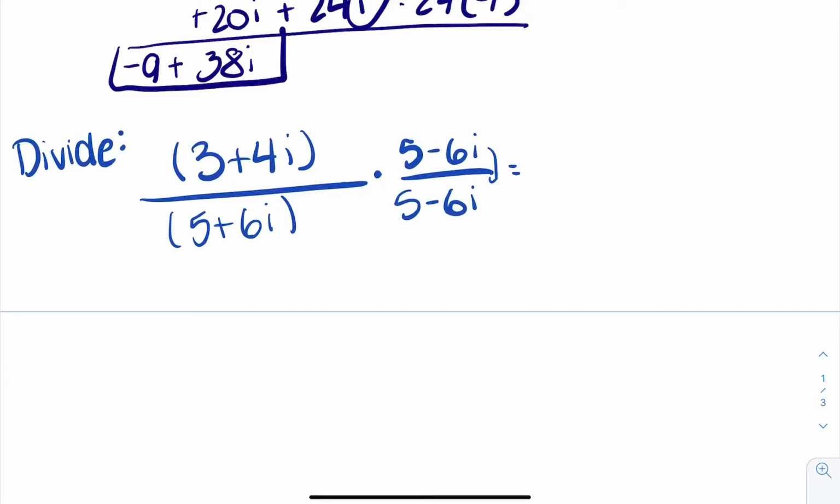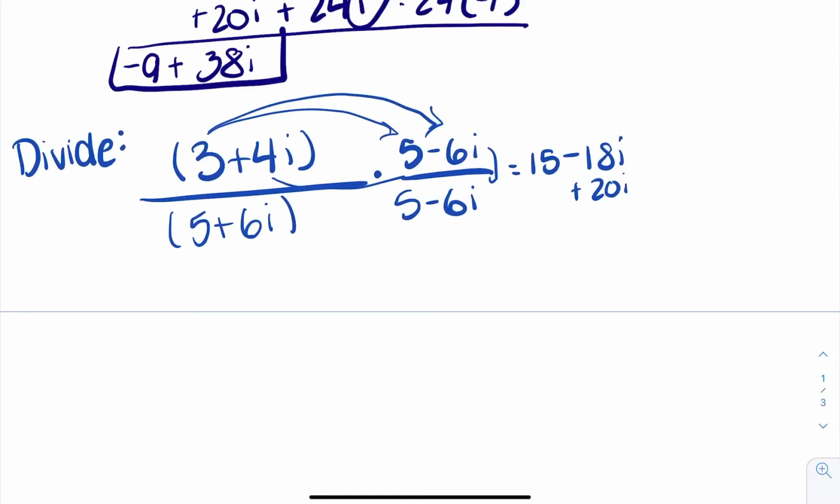So just like before, you're going to multiply these numbers out. So 15 minus 18i, and then plus 20i, and then minus 24 times a -1, because you have the i squared.